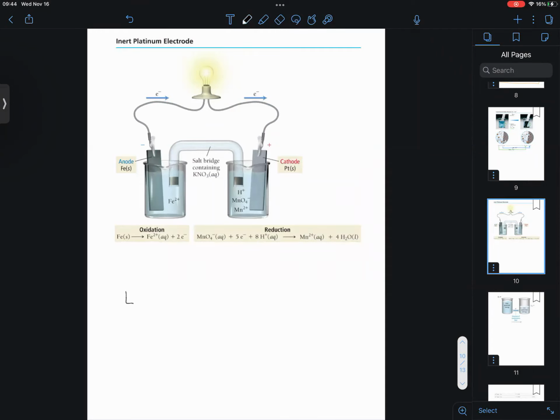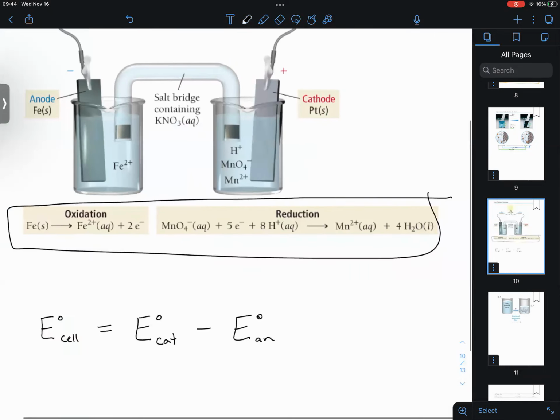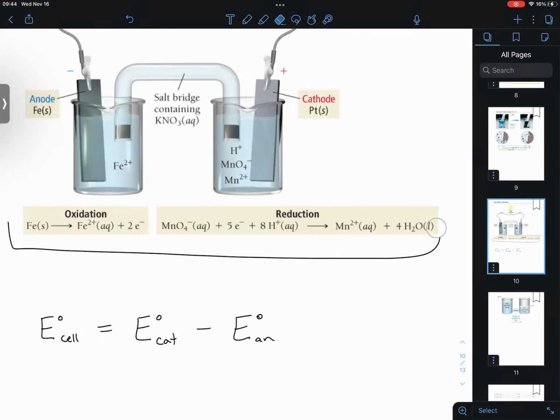And what we're going to use is the fact that the standard potential of our cell is equal to the standard potential at the cathode minus the standard potential at the anode. I'm going to give you a minute to copy down these equations, because then I'm going to turn to my constants page and I want you to look up all the relevant information you would need in order to calculate the standard potential of that cell.